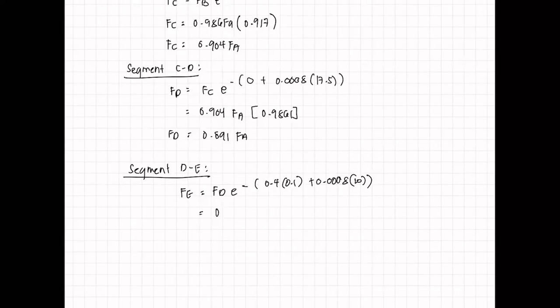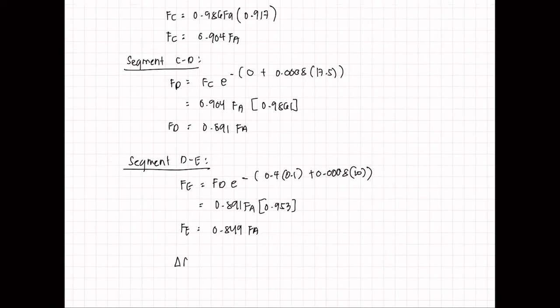So 0.891 FA multiplied by E raised to negative 0.4 times 0.1 plus 0.008 times 10, we have 0.953. So yung FE natin is equals to 0.849 FA.